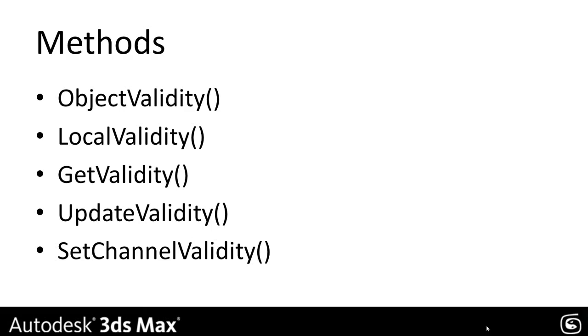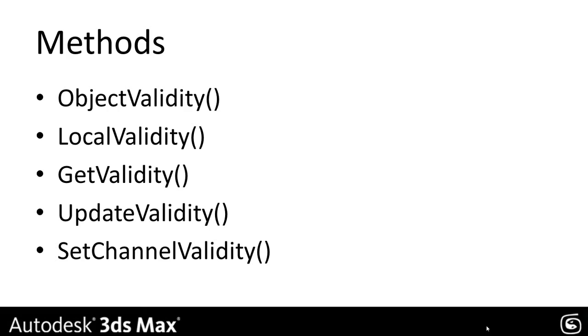Then local validity returns the validity interval of the modifier itself around the time passed. In general, this would be the intersection of the validity intervals of all the controllers in the modifier that are used to control its parameters. If a modifier was not animated, this interval would be forever. We saw local validity in the modifier example code.